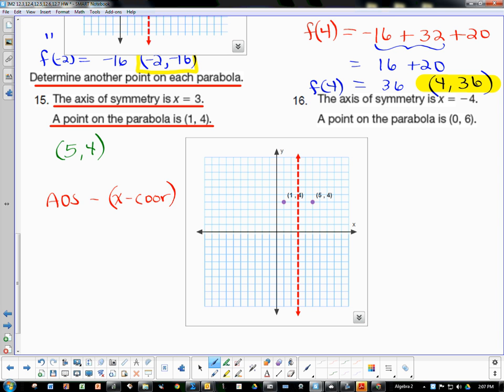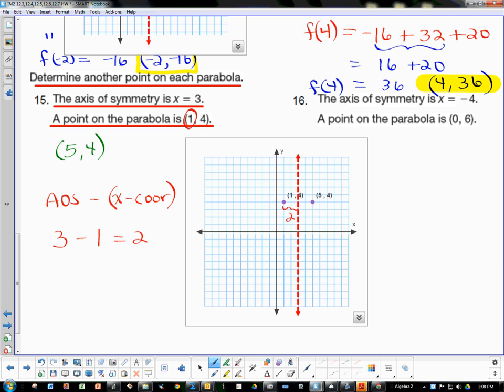So the axis of symmetry is 3 minus the x coordinate, which is 1. That's going to be 2. That actually gives you the distance. You can see that this is the distance of 2.